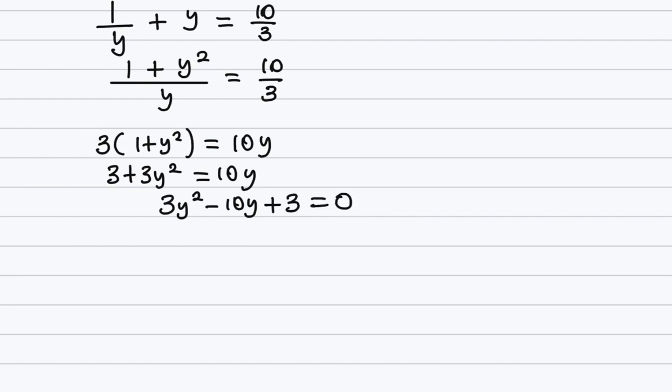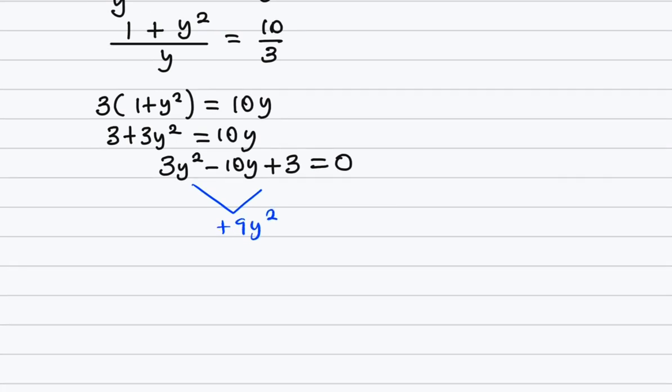So I'm going to solve it quadratically. Remember, I multiply the first term by the last term, so I'm going to have plus 9y squared. So I'll think of the factors of 9y squared that will add up to give us minus 10y. The factors now are minus 9y and minus y.